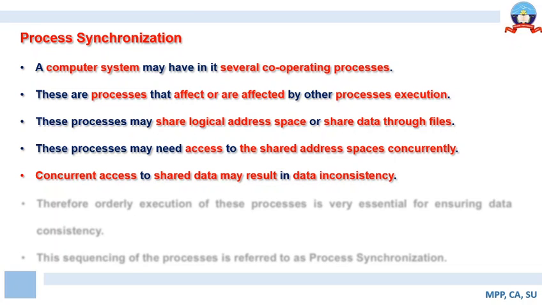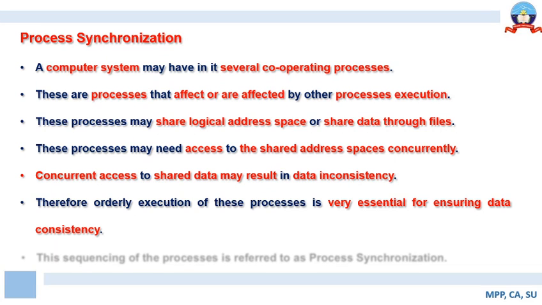Therefore, it is very essential for all of us to plan the execution of the cooperating processes in a manner that preserves the consistency of data. So orderly execution of these processes is very essential for ensuring data consistency.